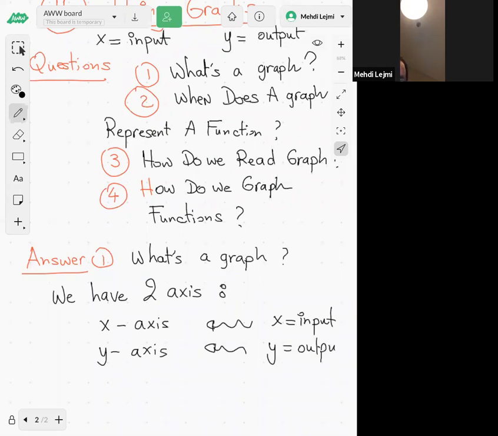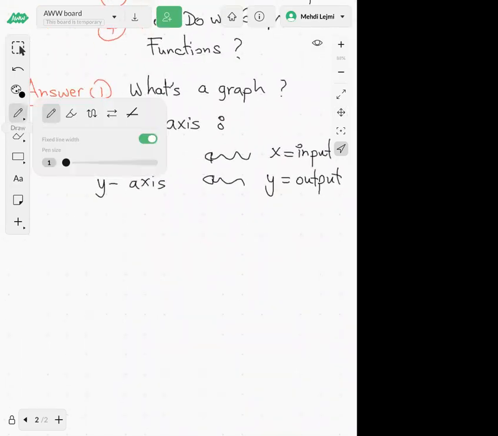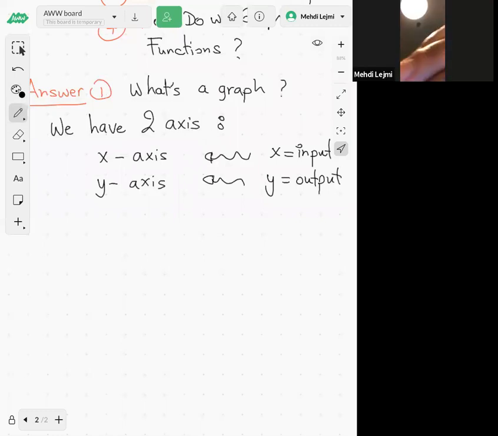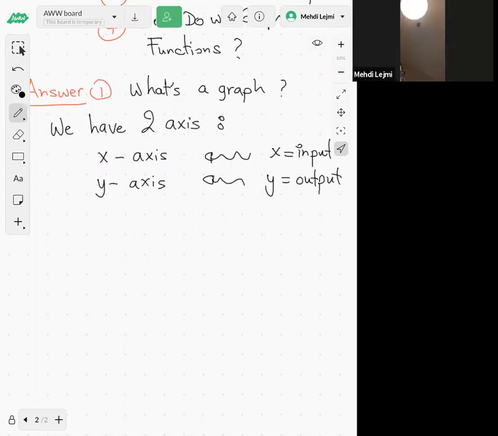Now, how do we draw these axes? The x-axis is going to be a horizontal axis.